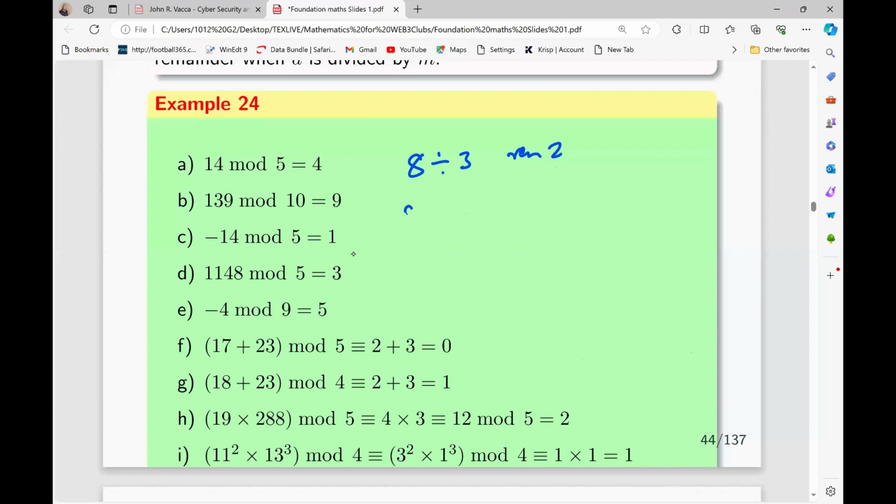If 8 square were to be divided by 3, I expect the remainder to be 2 square, which is 4 mod 3, which is 1. I expect the remainder to be 1.